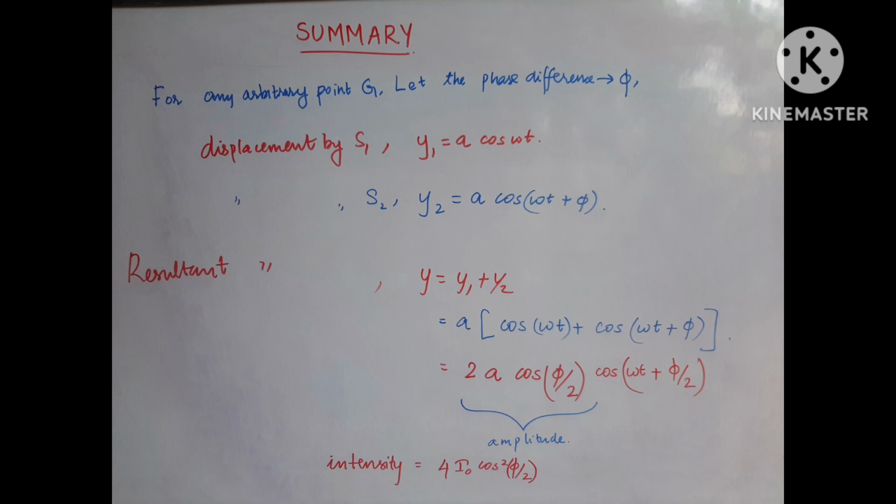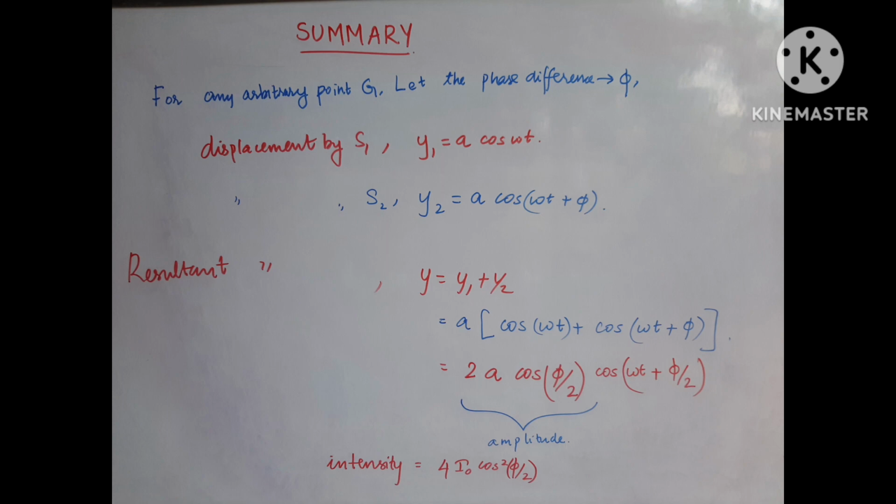There is no time in this term, and the time containing term is cos (omega t plus phi by 2). So the term that does not contain time can be assumed as the amplitude. So 2A cos (phi by 2) is the amplitude, and therefore the resultant intensity is 4I0 cos square (phi by 2). Here I0 is A square.